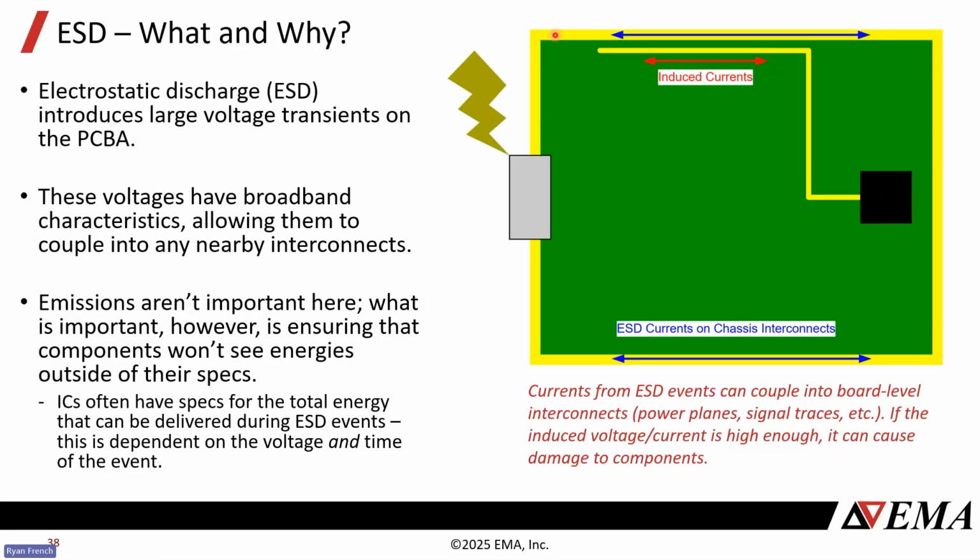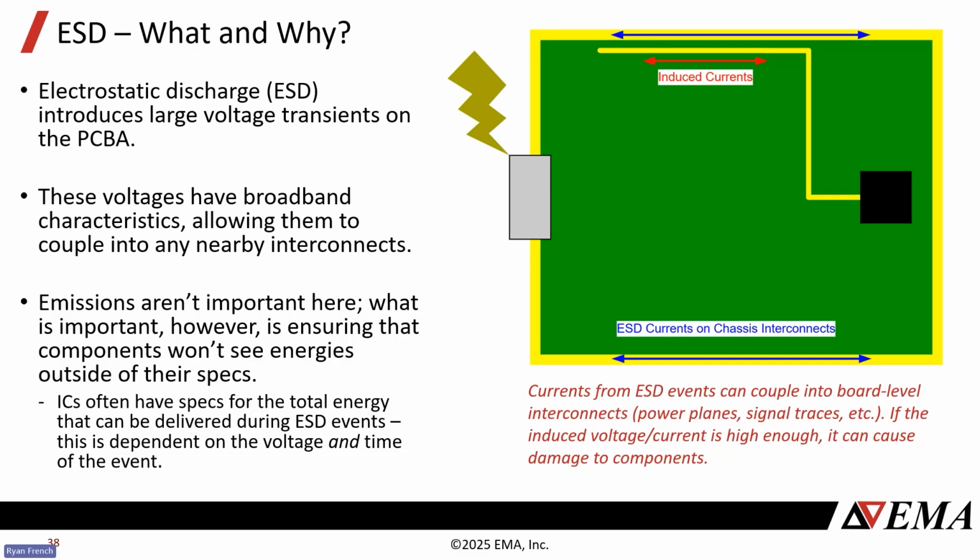What we're caring about is how much energy from that zap is going to leak into important areas of our board. We could induce voltages and currents on signal traces or power traces that go into a chip and blow it up. That's the major issue. And the specs for ESD is usually about the total energy delivered. So it's not necessarily just the peak voltage, but how long a peak voltage lasts.